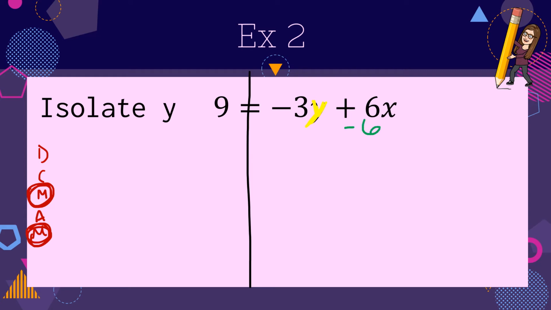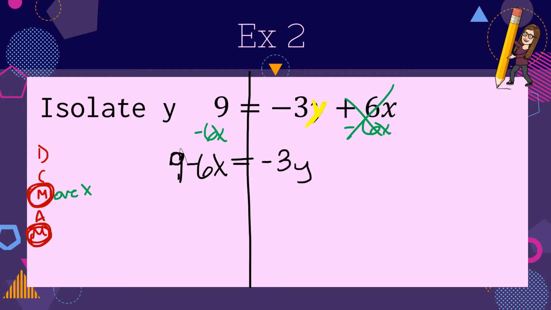We're going to subtract 6x. I'm moving the x to the other side. Opposites go away. I can't subtract an x from 9, so we get to just leave it. 9 minus 6x. Kind of makes it easier because we don't even have to calculate, right? The negative 3y falls down.